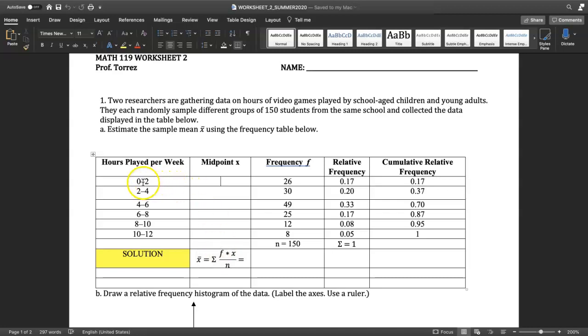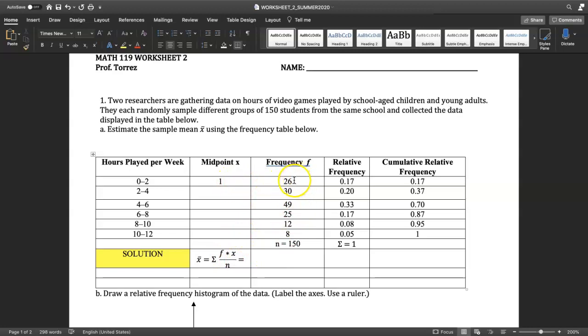The midpoint of this class is 1, right? Because if you find the midpoint, you subtract the right boundary minus the left boundary, divide by 2. So you get a 1 here, just the midpoint, the arithmetic middle point for that interval. Now, before we go on, let me just say what we're going to do in this formula.